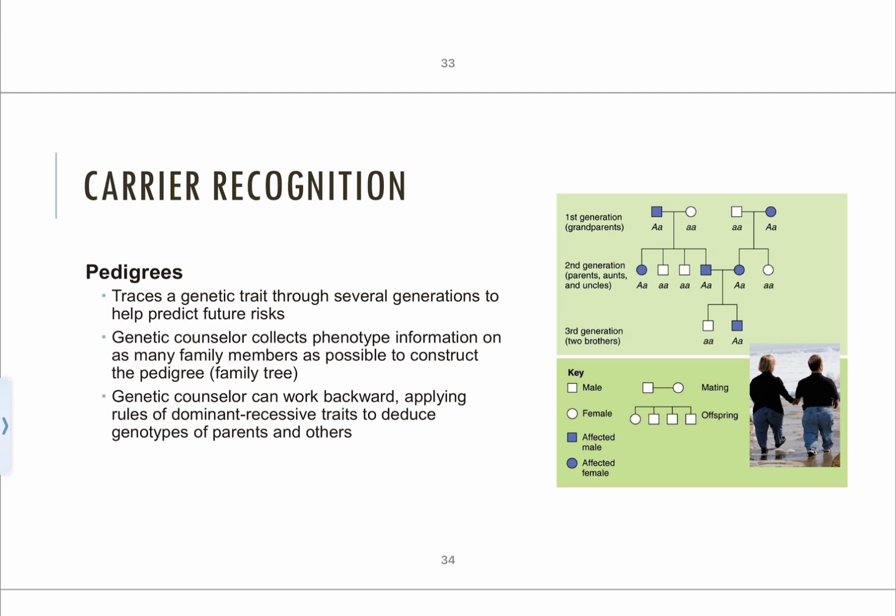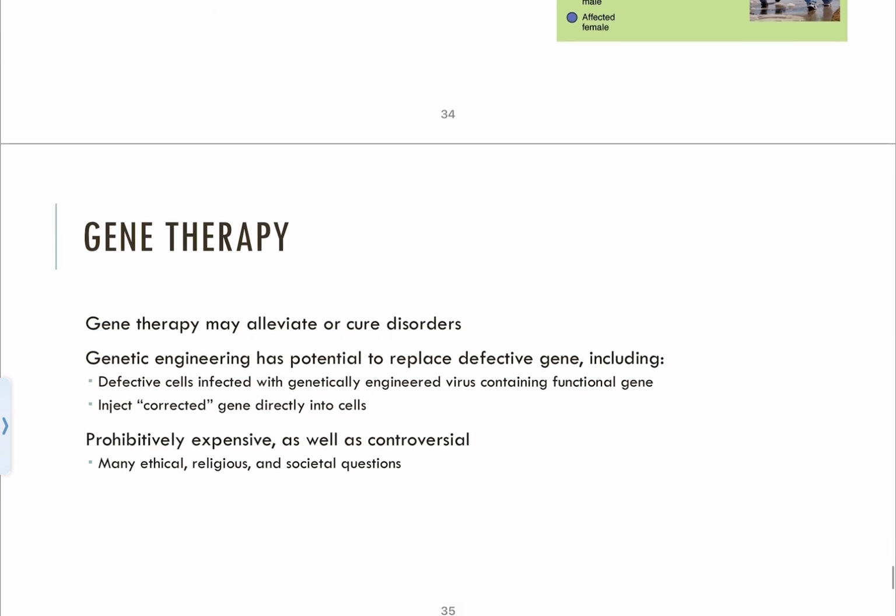Okay, carrier recognition. So there's two ways to identify carriers of detrimental genes. We can either use pedigrees or we could use blood tests or blood chemistry, where we're using DNA probes to detect the presence of some unexpressed recessive genes. But basically the function of a pedigree is to trace the genetic traits through several generations.